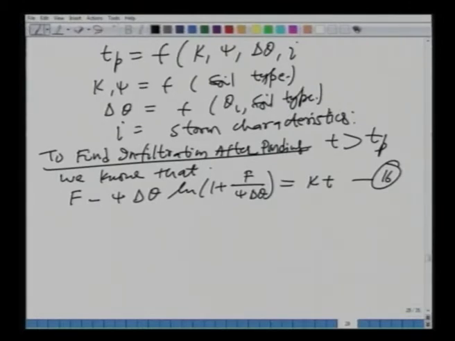Now, we can write this equation at T is equal to Tp.